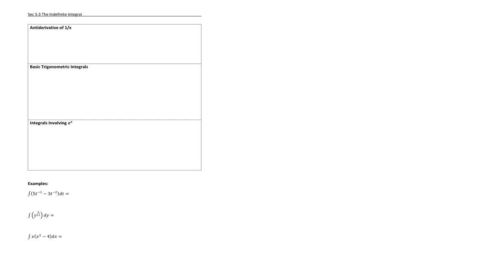And an antiderivative of 1 over x. So again here I want to be thinking about, well, we kind of have an idea that it might be natural log of x.